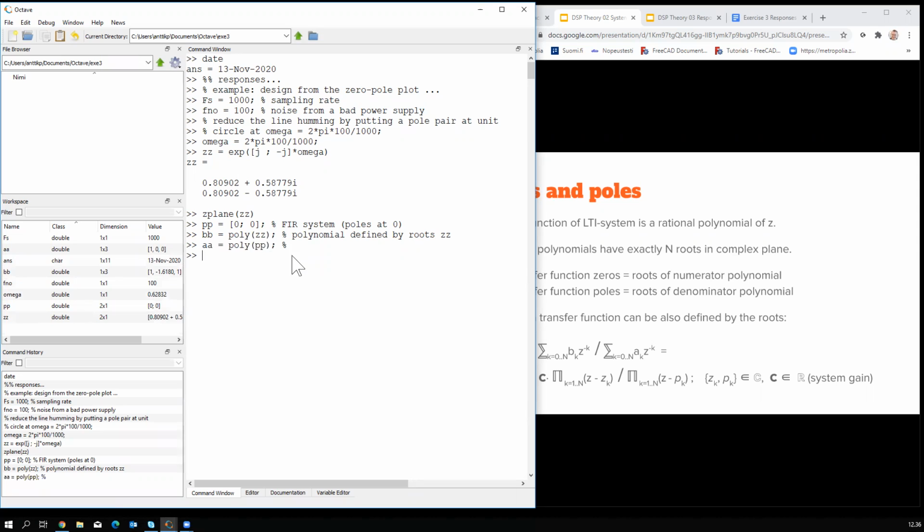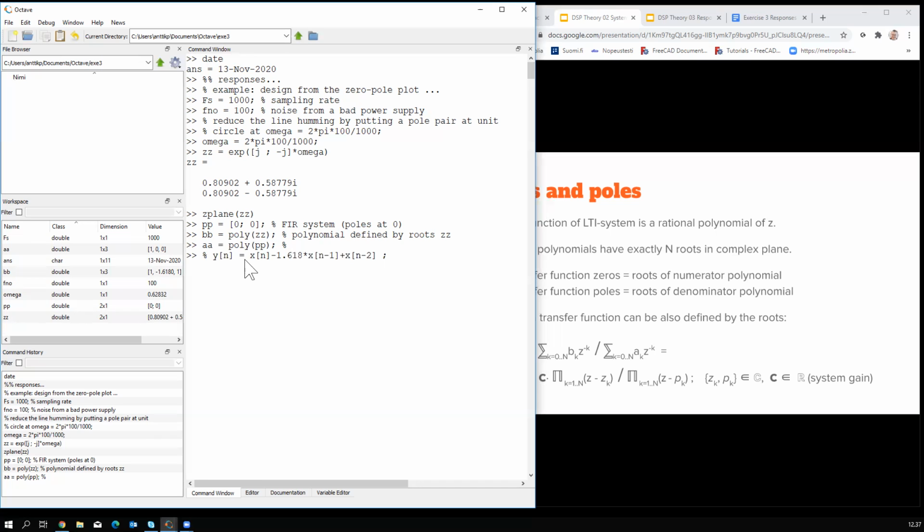All right, and here we have 1, 0, 0, which means basically that our y of n equals x of n minus 1.618 times x of n minus 1 plus x of n minus 2.